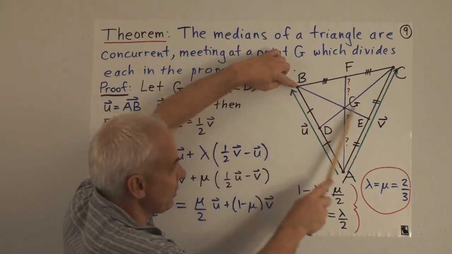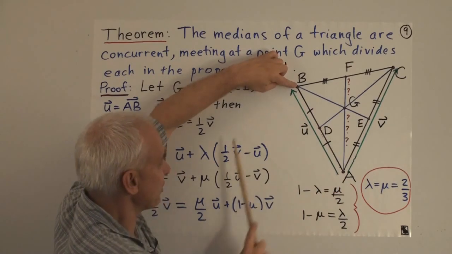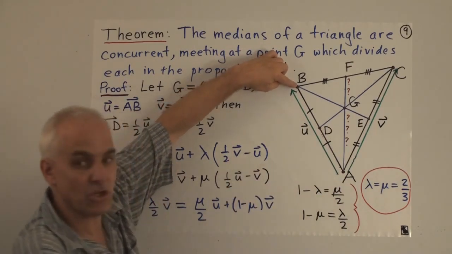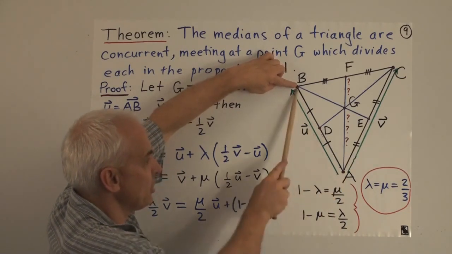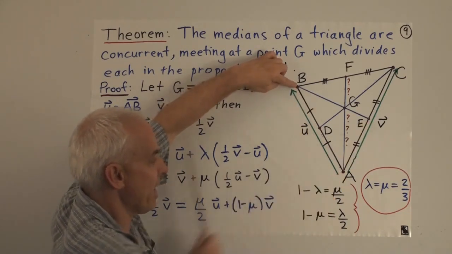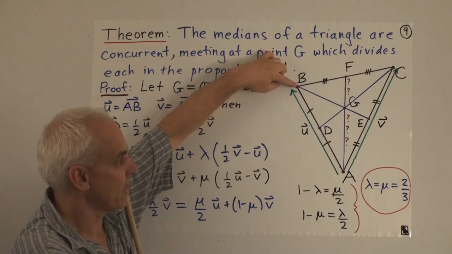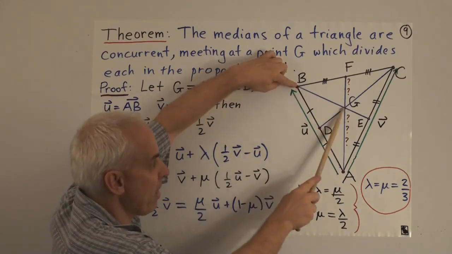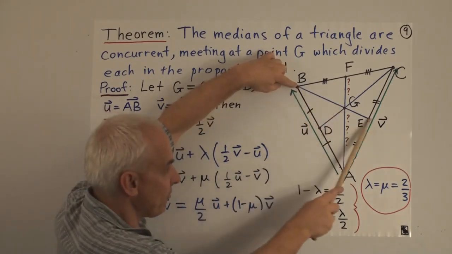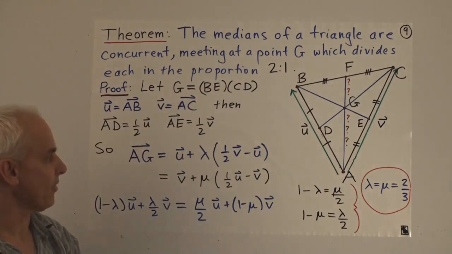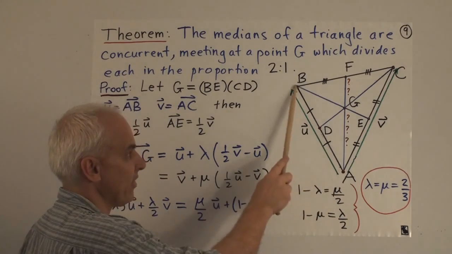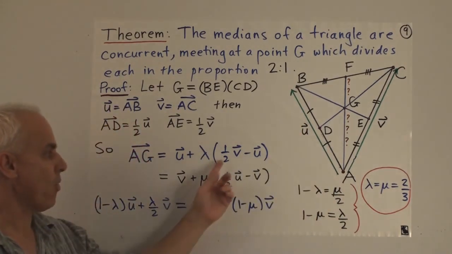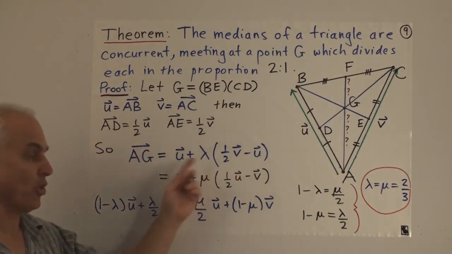And so this vector from B to E is the vector 1/2 of v minus u. There's 1/2 of v, there's u. The difference is 1/2 of v minus u. And we're taking some unknown multiple lambda of this vector. So that's how we get AG. AG is u plus some multiple of 1/2 v minus u. We don't know what lambda is.